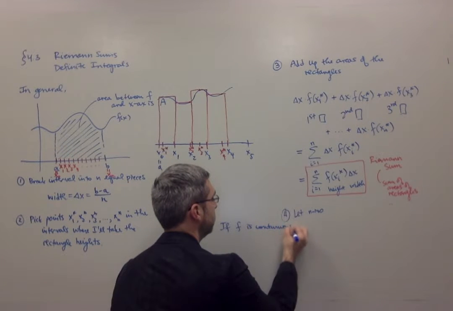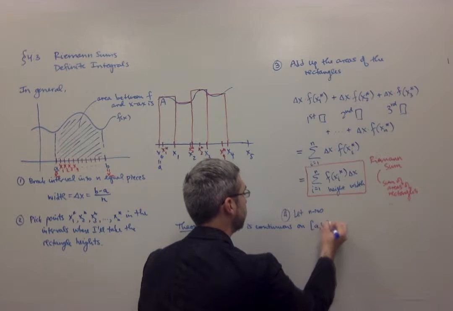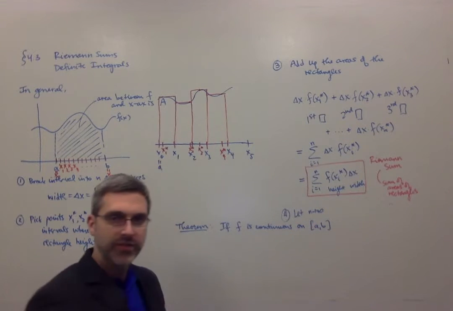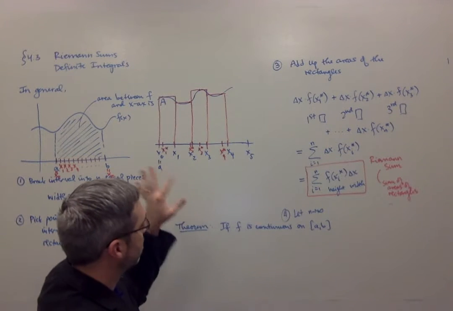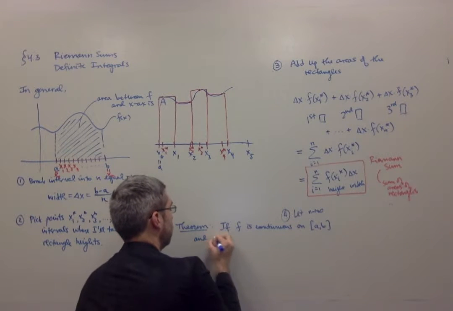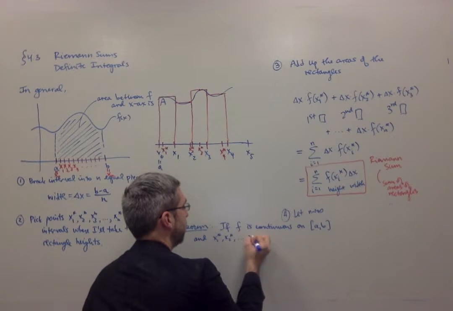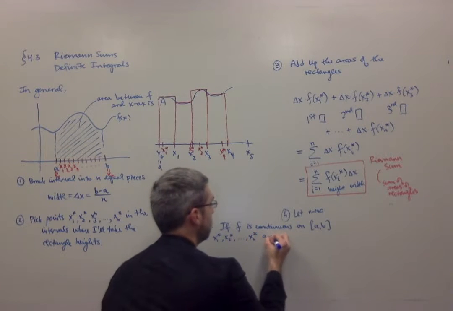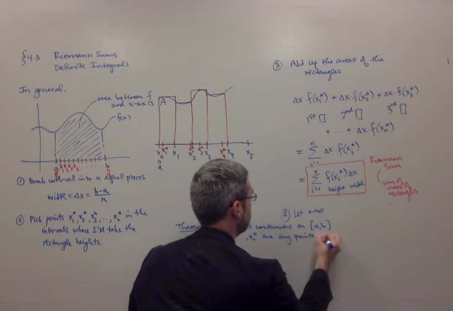So if f is continuous, you see a theme here? f is continuous on the closed interval from a to b. We've seen that a lot, right? We've got a nice continuous function, no crazy breaks. And x1 star, x2 star, all the way up to xn star are any points in the subintervals.